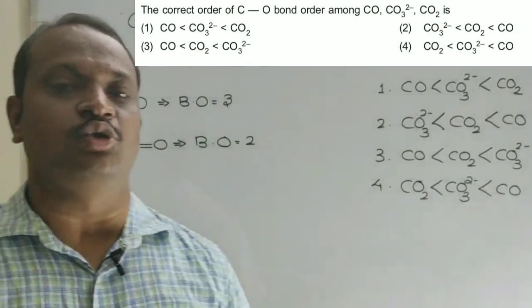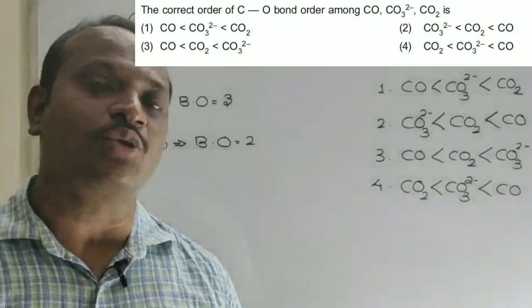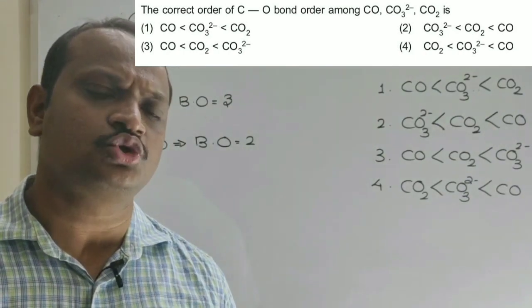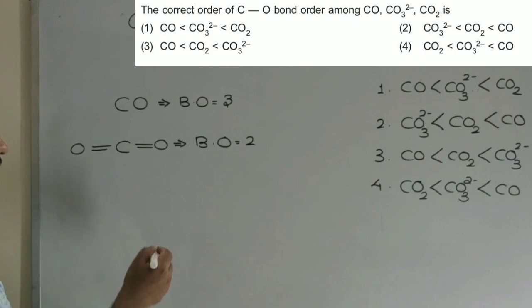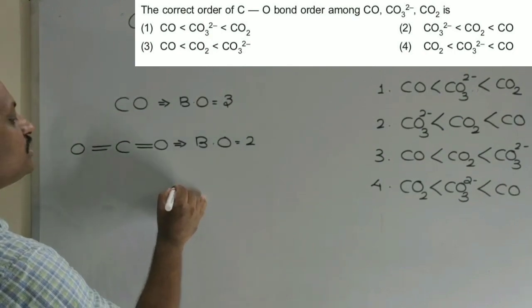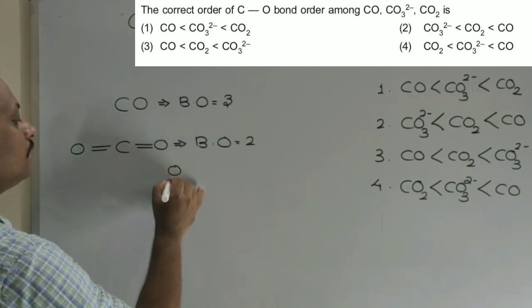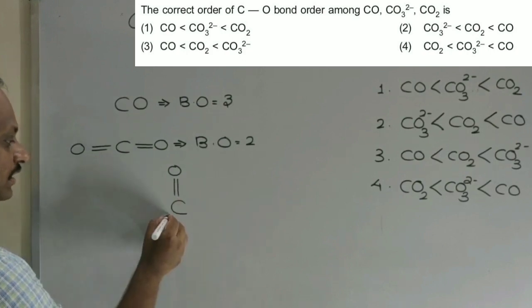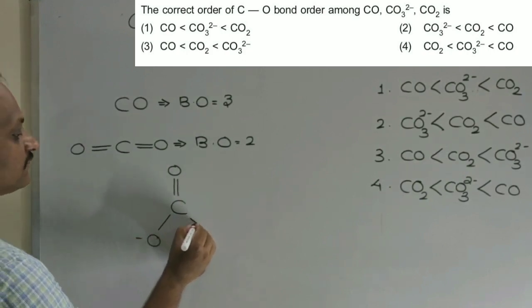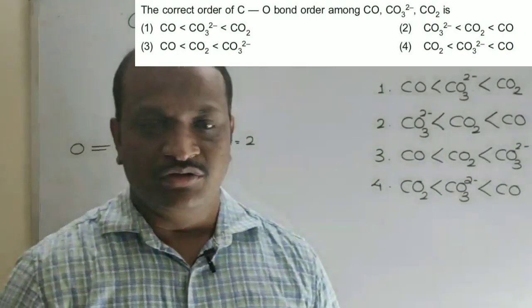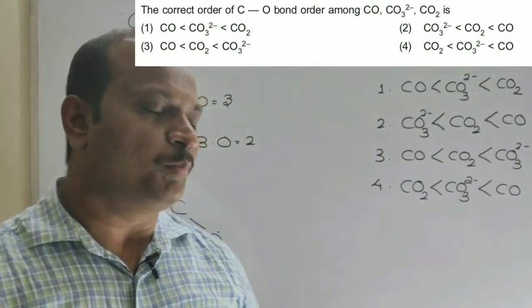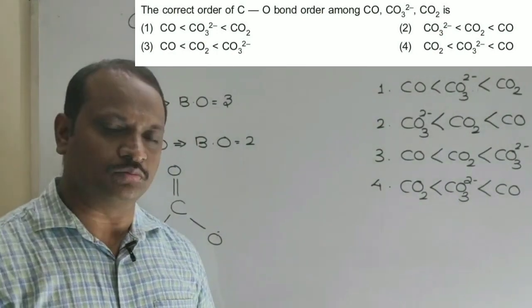And next, CO3 2 minus. See, I introduced CO3 2 minus here to talk about resonance. I'm just drawing C, double bond O, here we have an O minus, here we have an O minus. You'll think the bond order comes as 1 or 2.